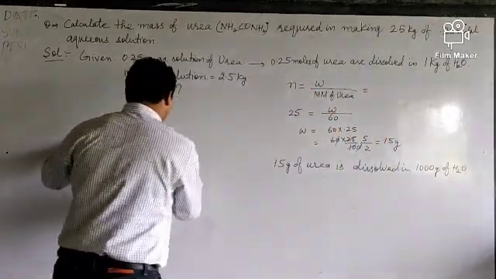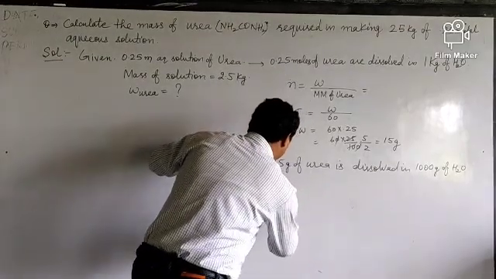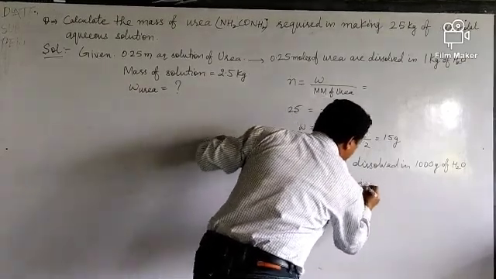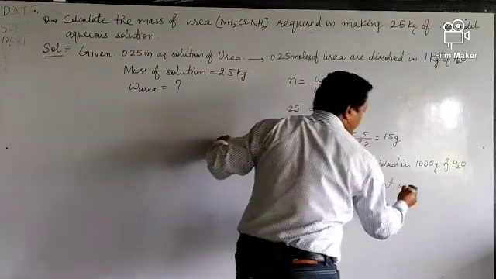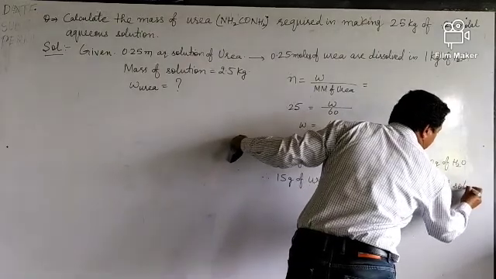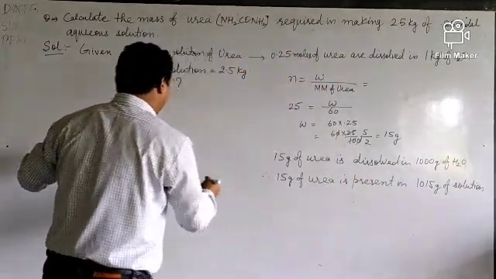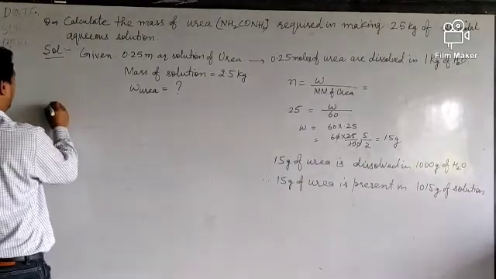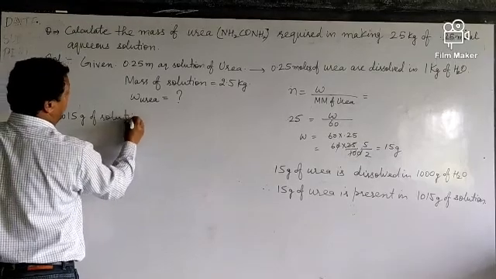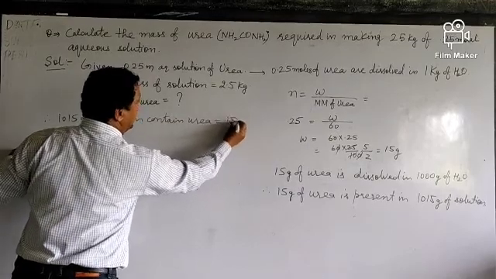So therefore 15 gram of urea is present in 1015 gram of solution. So therefore 1015 gram of solution contains urea equal to 15 grams.